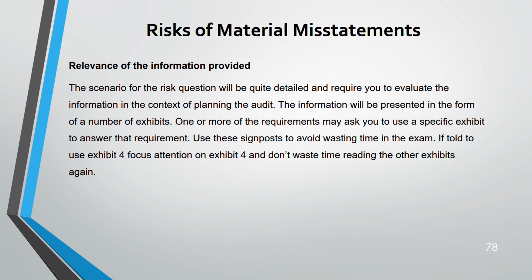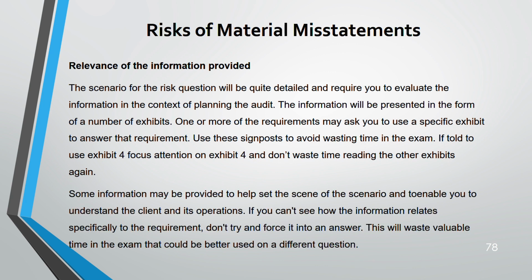But some information unfortunately requires more than one exhibit, and they don't clearly say which exhibit to rely on, because this gives the tone of the scenario. For example, to understand your client and operation, they might give you financial information, non-financial information somewhere else, minutes of meetings somewhere else, a press release somewhere else. You have to link all these exhibits together.